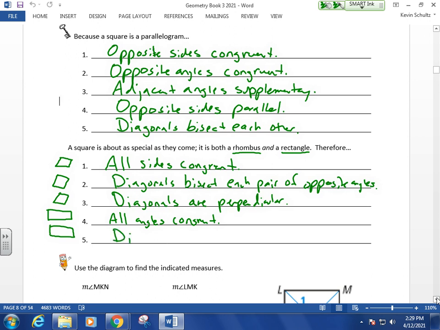Diagonals congruent. Wow. 10 separate properties that every square has. Some in common with a rhombus, some in common with a rectangle, some in common with both, and all other parallelograms that are out there.